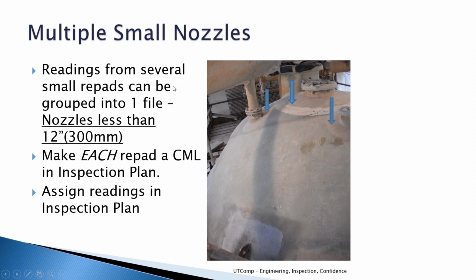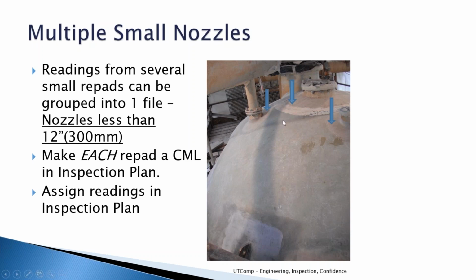The next thing that we've got to add is multiple small nozzles. This can also come from multiple repads. I've actually built this for multiple small nozzles, but readings from several small repads can be grouped into one file.